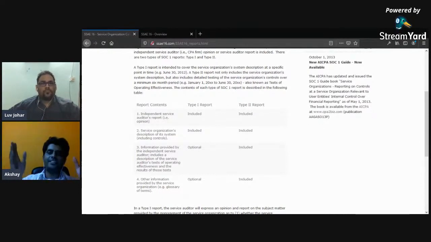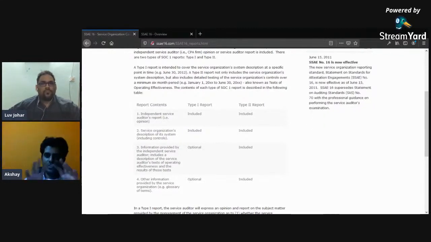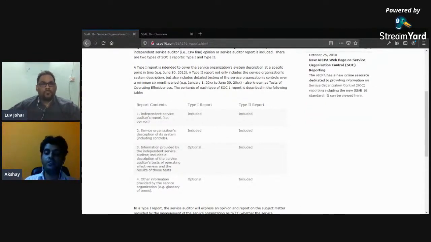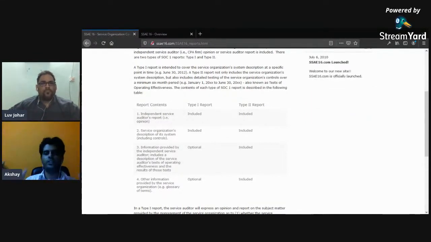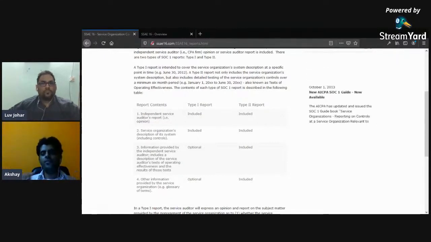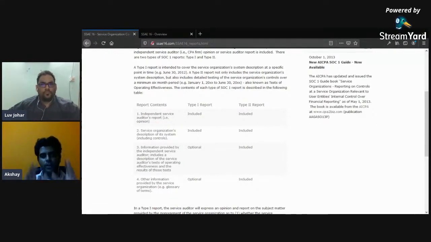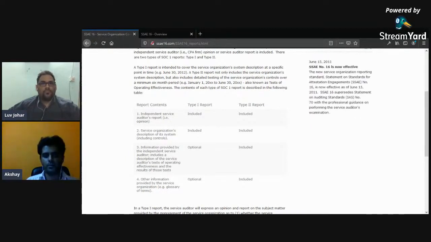Type 2 defines a time period. Type 2 says that this audit was done, these controls were observed, and these observations were made over a period of time, and you may then specify from this date to this date. So when there is a time period involved, it becomes a type 2 report, and when there is a point-in-time report, it becomes a type 1 report.